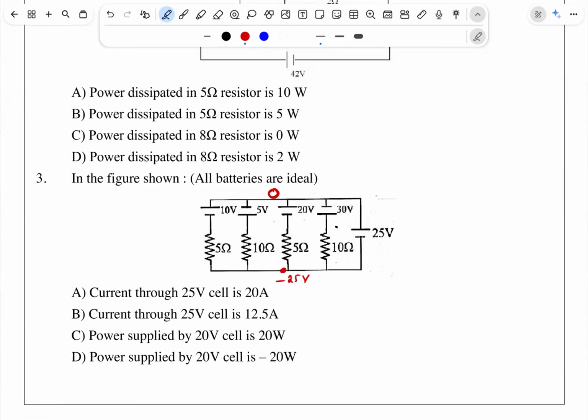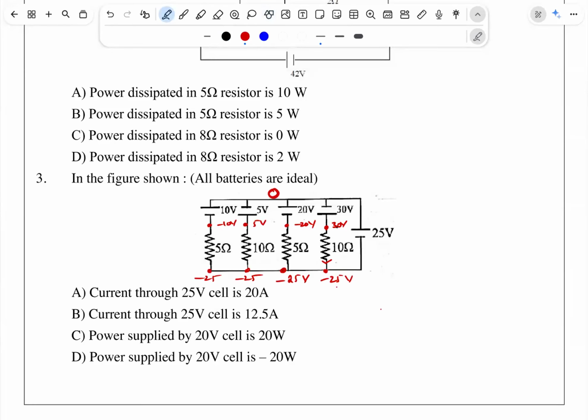If you put this as 0, this is minus 25 volt. This is plus 30 volt. This is minus 20 volt. This is plus 5 volts. This is minus 20 volts. Minus 25, minus 25. So what is the current through this area? 30 minus 20.